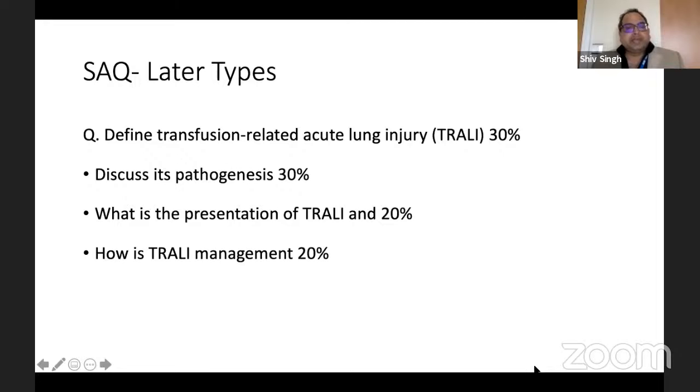So it was like define transfusion-related acute lung injury, 30% marks, discuss its pathogenesis, 30% marks, what is the presentation of TRALI, 20% marks, and how is TRALI managed, 20% marks. So there was a division, so you knew how much stress you need to put on each of these bits of the question.